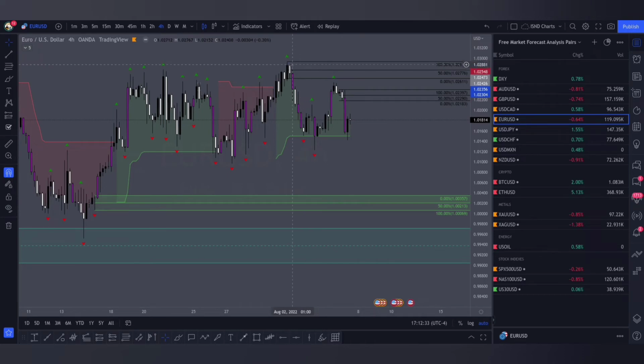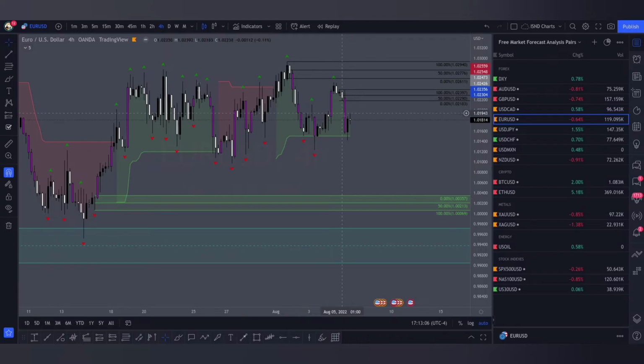We've had supply created here. Price did not reach up into that. However, that price point at about 1.02549, that held. They tapped into this imbalance here. Didn't fully fill the imbalance, but they tapped into it, and enough sell orders were sitting at this price point, and it did push the market down, taking out this 4-hour demand.